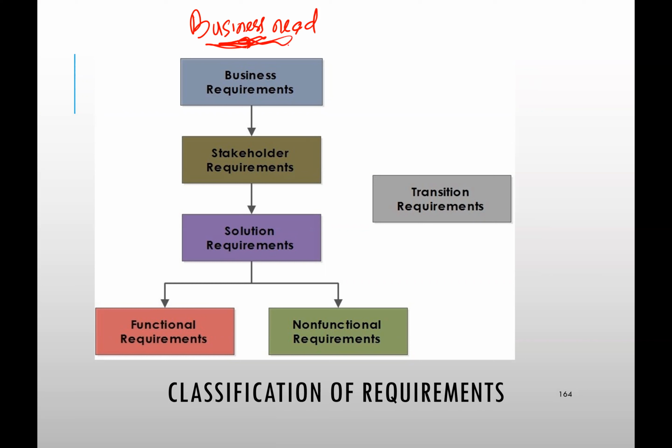All the problem statements you wrote will give birth to the business requirement. It's from this business need, from the goals and objectives, that you get the business requirement. From that business requirement, you get stakeholder requirements. And from your stakeholder requirements, you get the solution requirement.